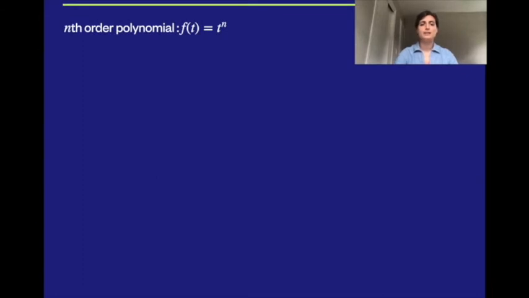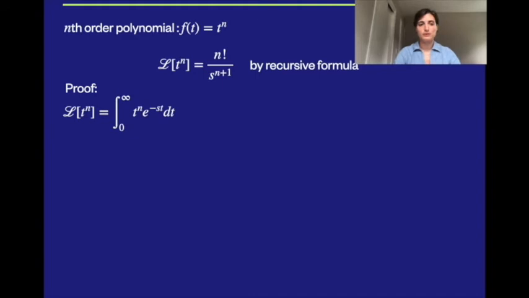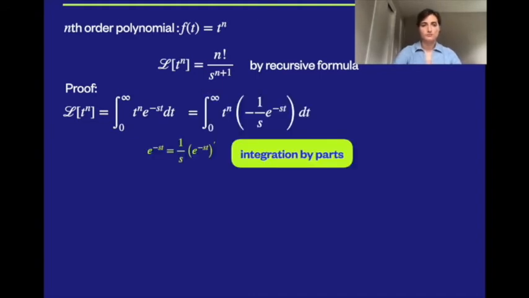So, can we do general nth order polynomials? Yes, we can. And the brief answer is that by recursive formula we can find that the Laplace transform of t to the n is n factorial over s to the power n plus 1. Can we prove it? Well, let's take the usual integral with the usual integration kernel. Then, again, let's use integration by parts.